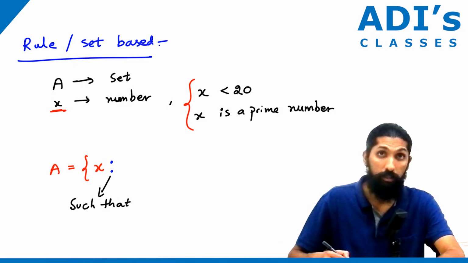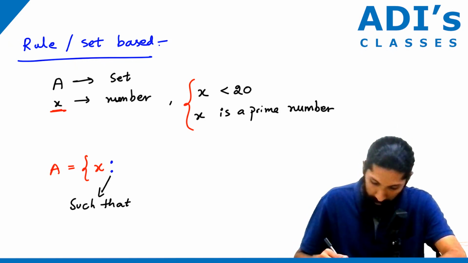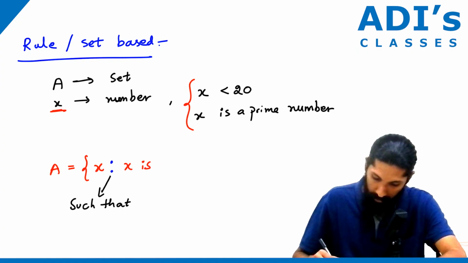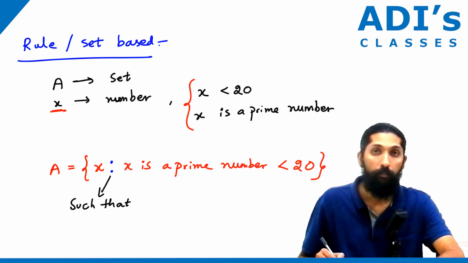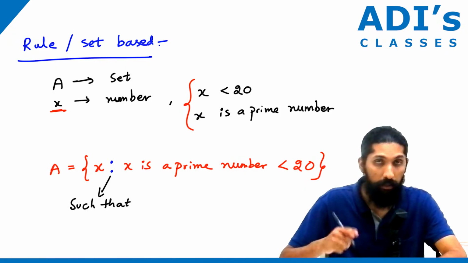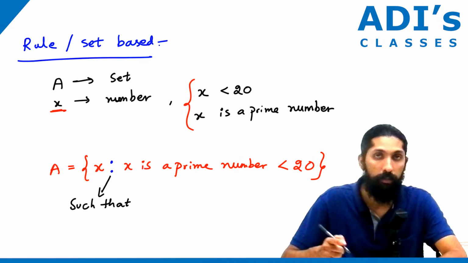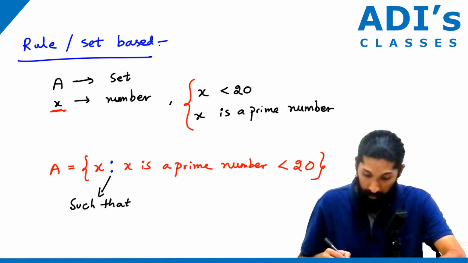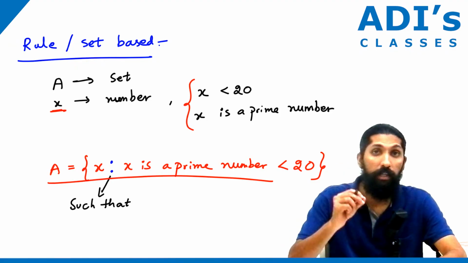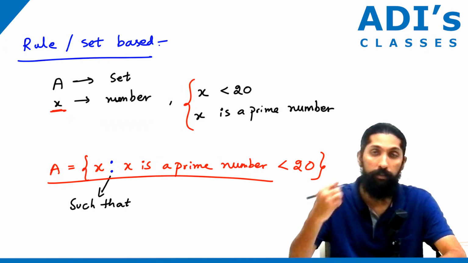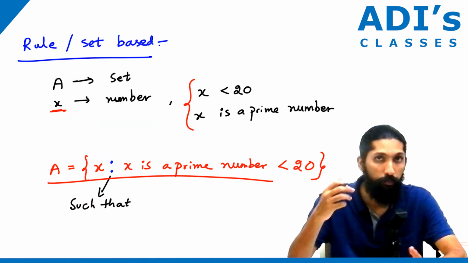Now x such that x is a prime number less than 20. x such that x is a prime number less than 20. This is what we call the rule method, or the set builder way of representing a set.